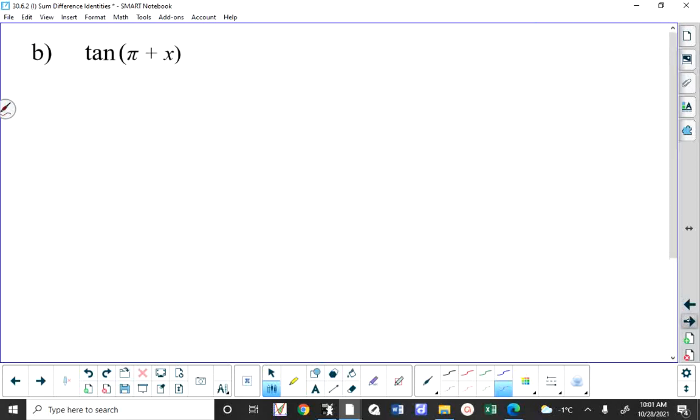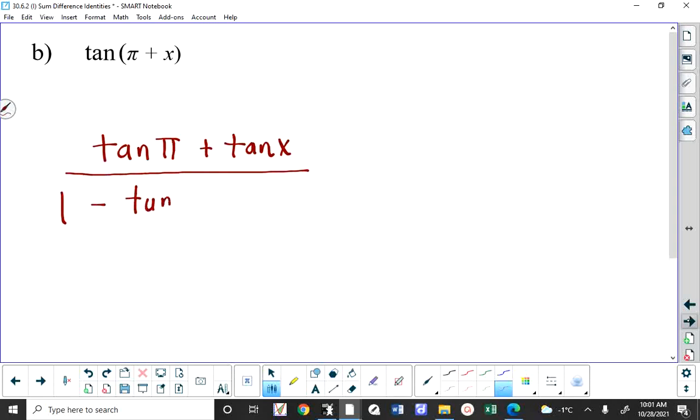So if I gave you tan of pi plus x, we can apply the tangent formula for the sum. I think this will be tan of pi plus tan of x over 1 minus tan of pi tan of x. Did I get my identity correct? All right. Well, what's tangent of pi?